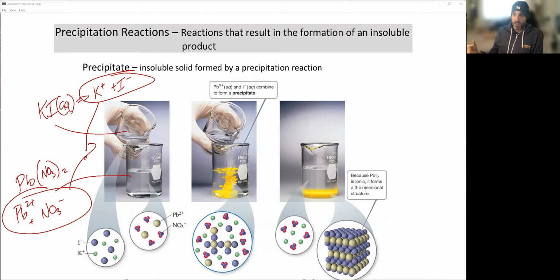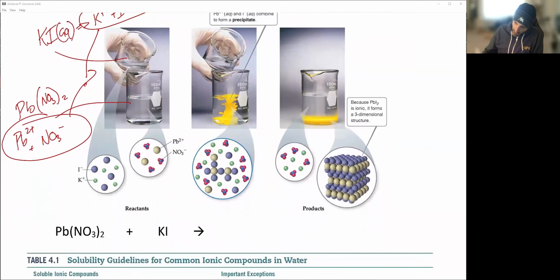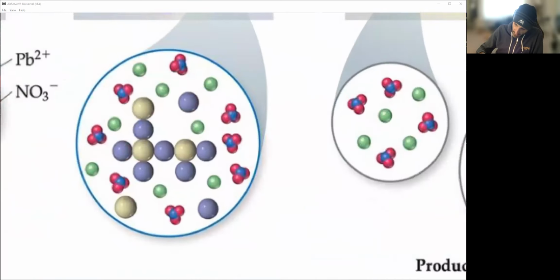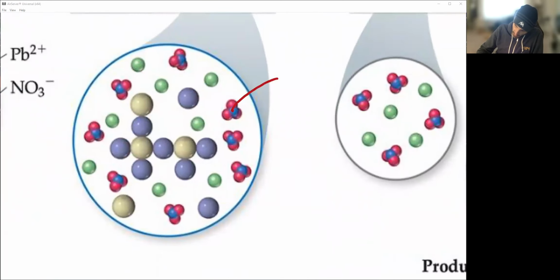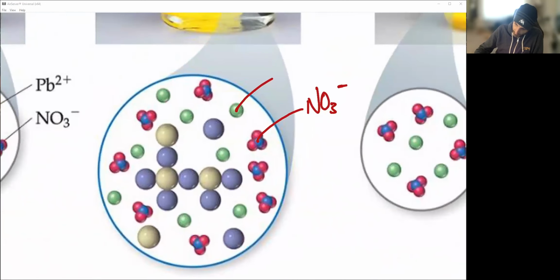And what is the result of that? Well, once I mix them together, here are my nitrates. Here are my potassiums. And this right here are my lead iodide molecules.